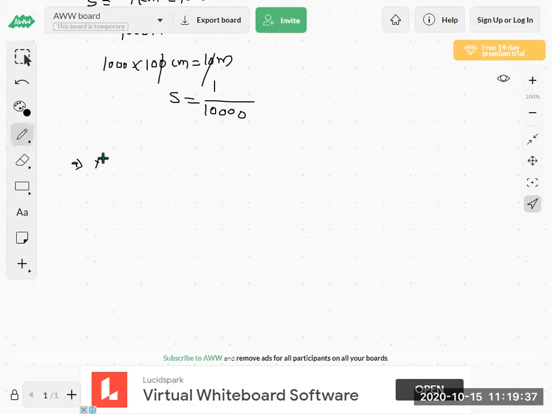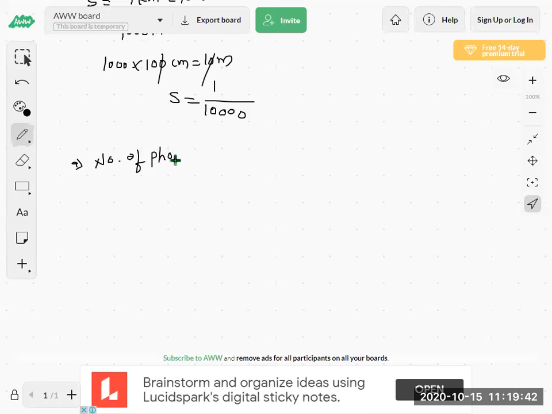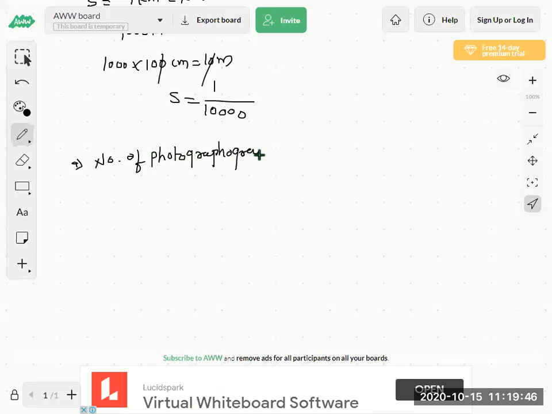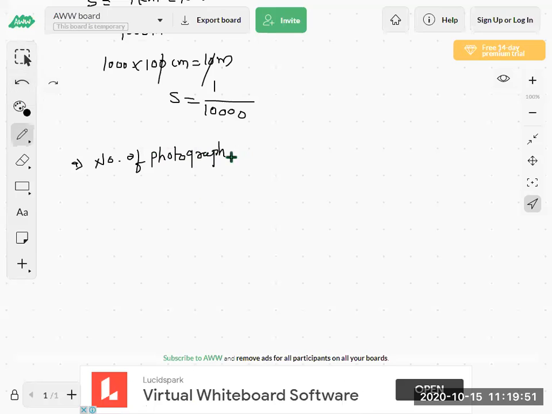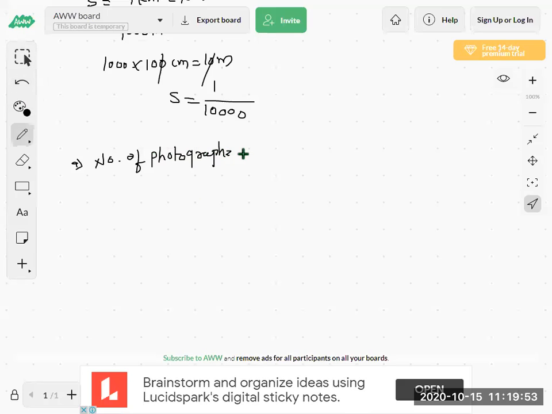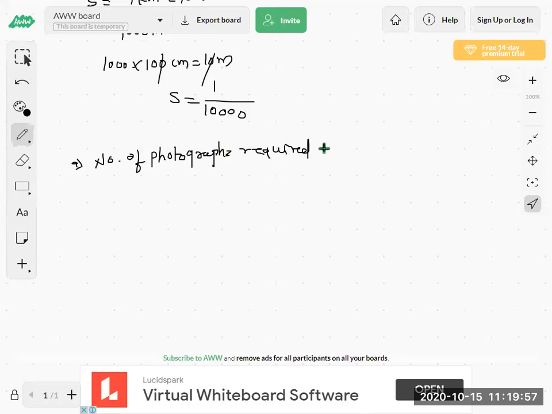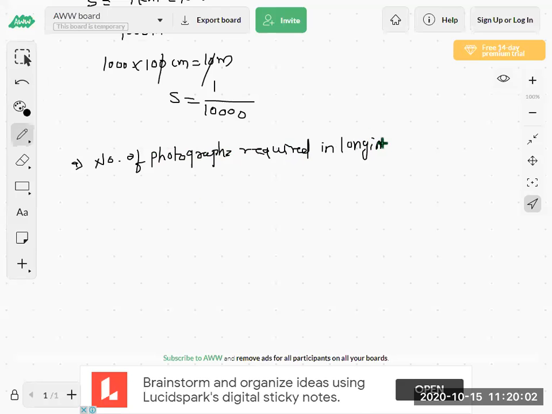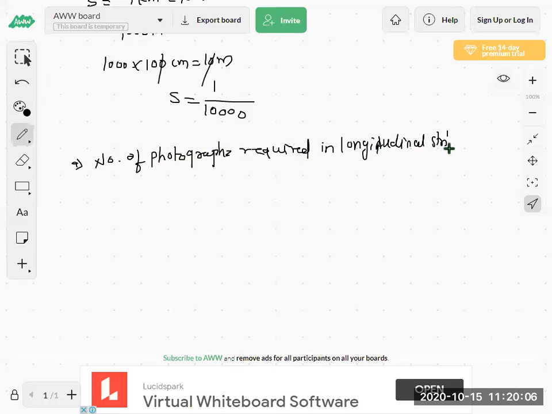First, we have to calculate the number of photographs required in the longitudinal strip, that is N1.